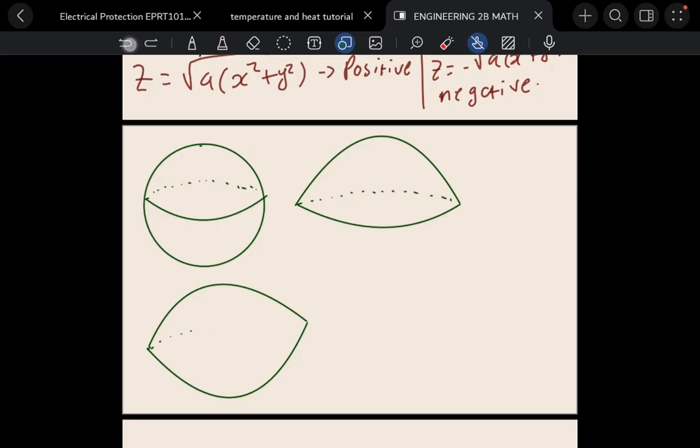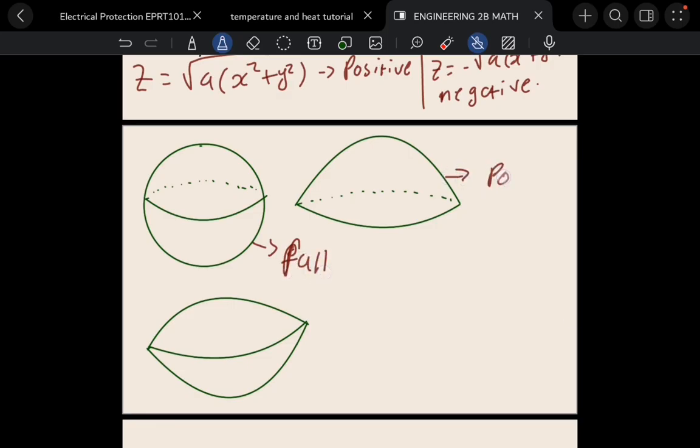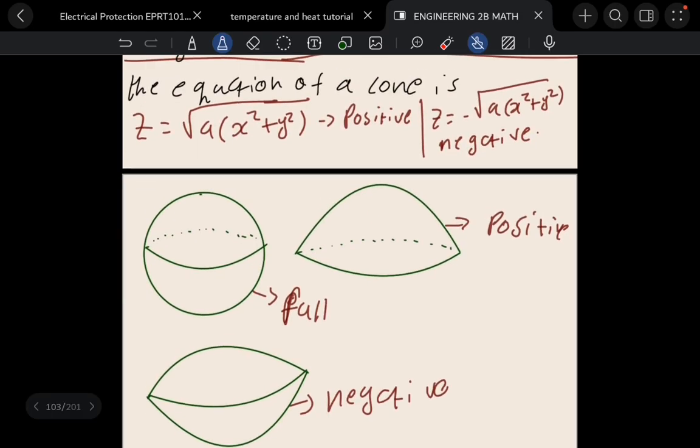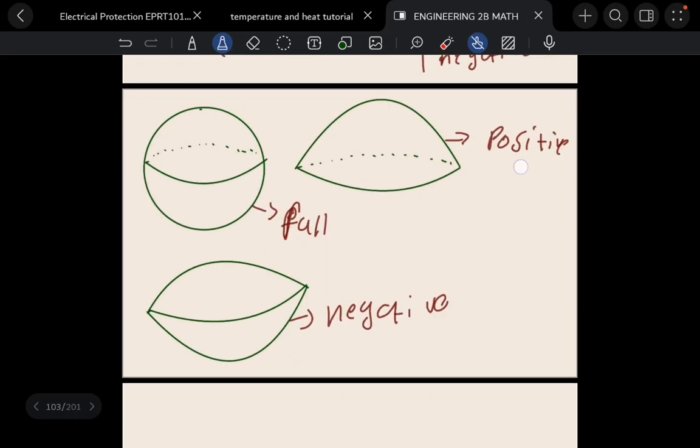Sorry. It's actually going to be something like this. So here we have a full sphere. This is a positive part, and this one is the negative part. So we shall look at different orientations of a sphere.